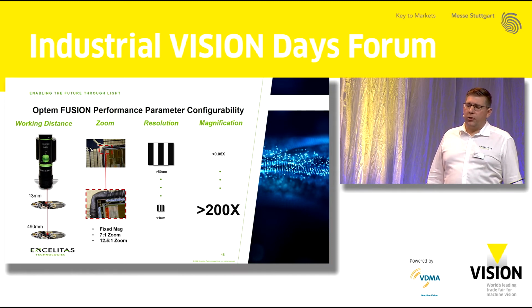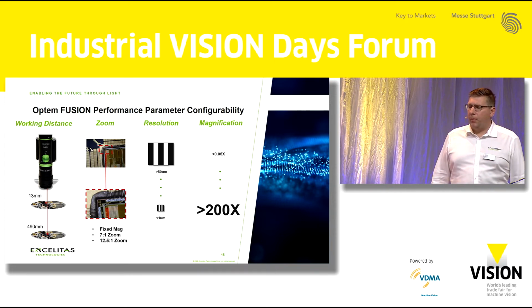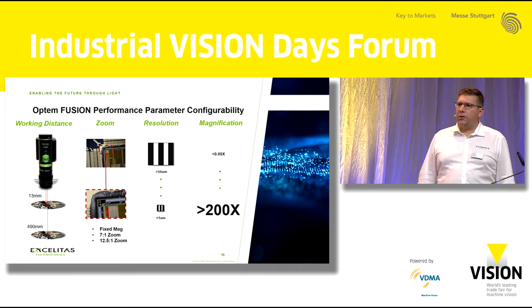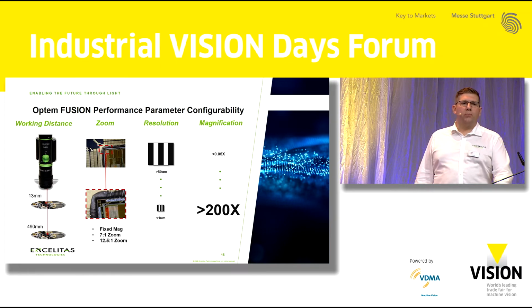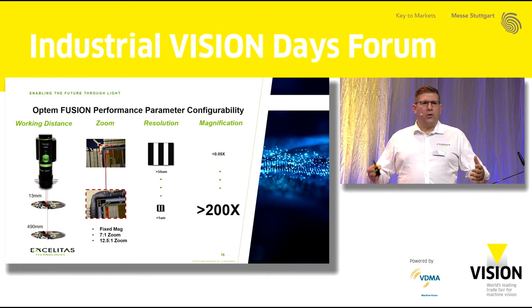We support resolutions from over 550 micron down to sub-micron resolution below 1 micron. And also the magnification is flexible from 0.05 up to 200. We also support microscopic lenses for this system. This is a flexible system where you can stick together and find a solution for your application.